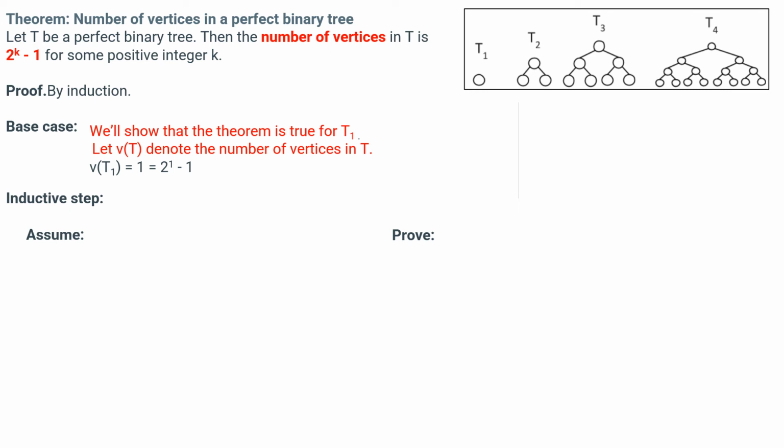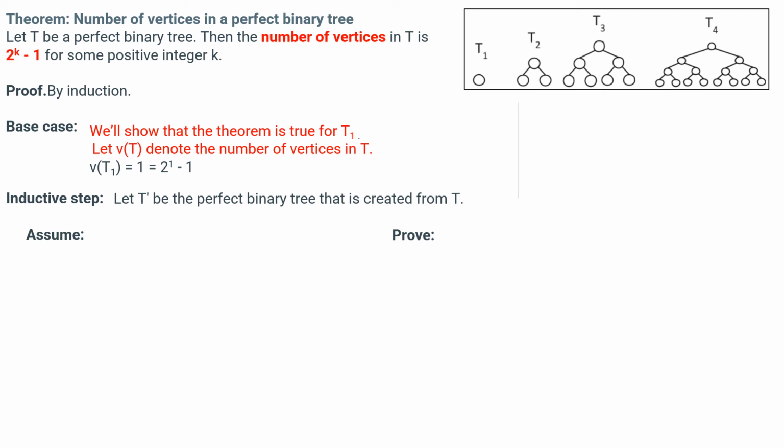We assume that it's true for an existing perfect binary tree, and then show it would also be true when we come up with the new element, which would be taking the one tree, making a copy of it, and putting them together. Okay, so let's come up with some terminology here.